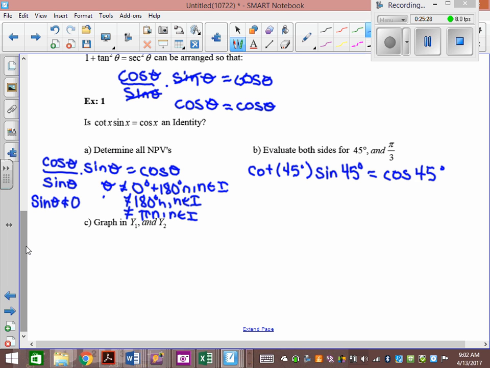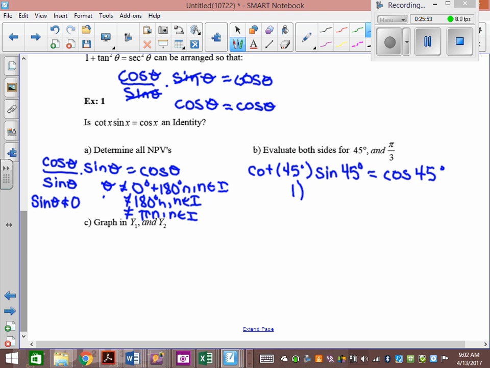Cotan of 45. At the 45s, we either have 1 or negative 1 for cotans and tans, right? Because it's always root 2 over 2 divided by root 2 over 2. So it's in the 45, which means it's going to be positive because everything's positive there. So we're going to have a positive 1 or a negative 1? Positive 1, right? Because cotan's positive there.